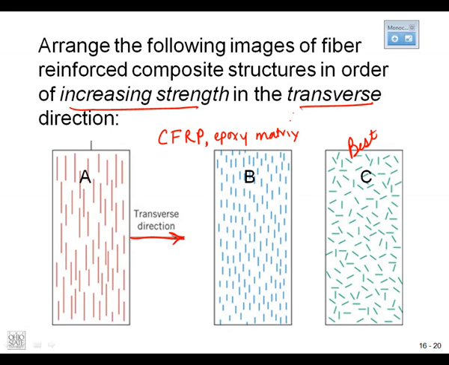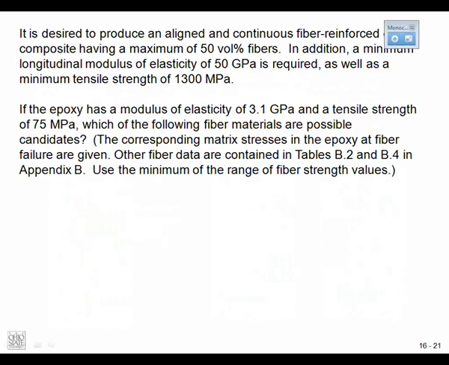CFRP is a general term, carbon fiber reinforced polymers, so we don't actually know which polymer it was. They didn't tell me what the matrix was, and they didn't tell me how the fibers were oriented. Continuous fibers, oriented longitudinally, all of that matters. So even when you're just buying a polymer product, all of this matters. Let's talk about that a little bit.